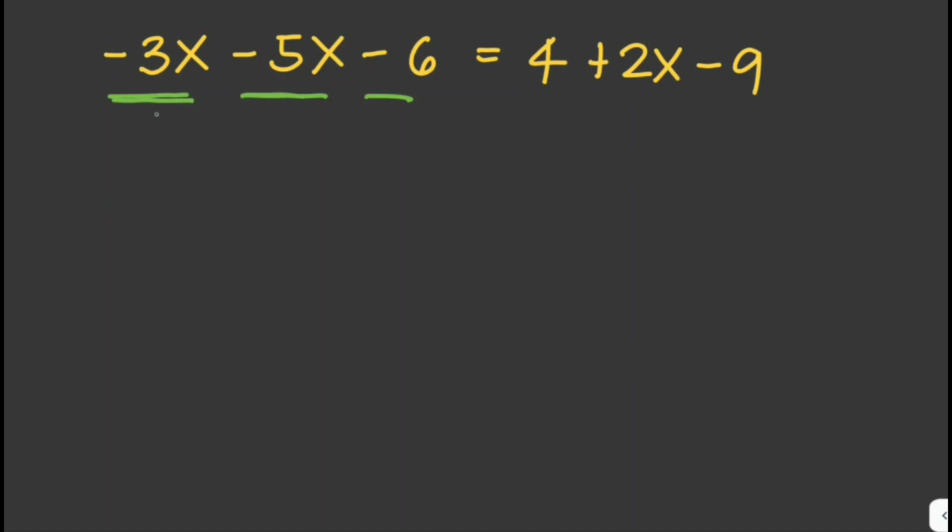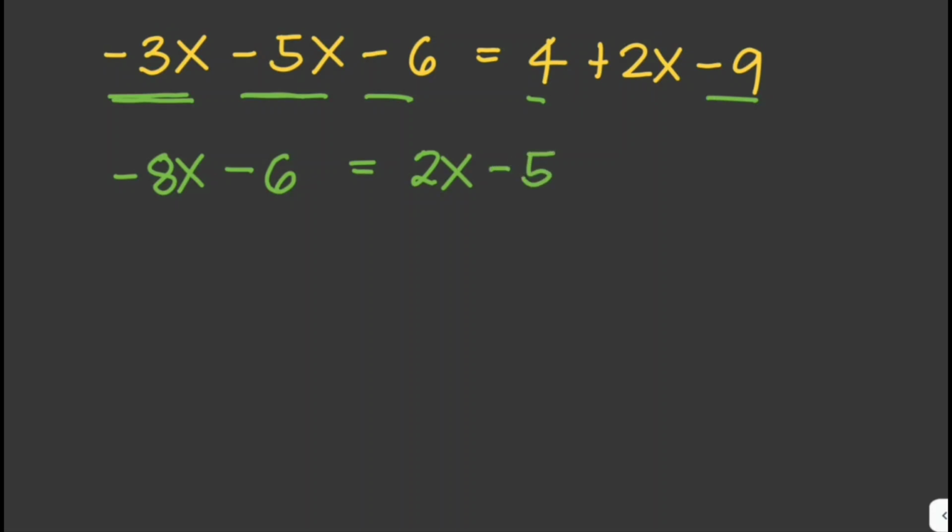So that is -8x. Then copy -6, equals 4 plus 2x minus 9. 4 and -9 are constants. They are like terms. We can just copy 2x here. And then 4 minus 9 is -5.